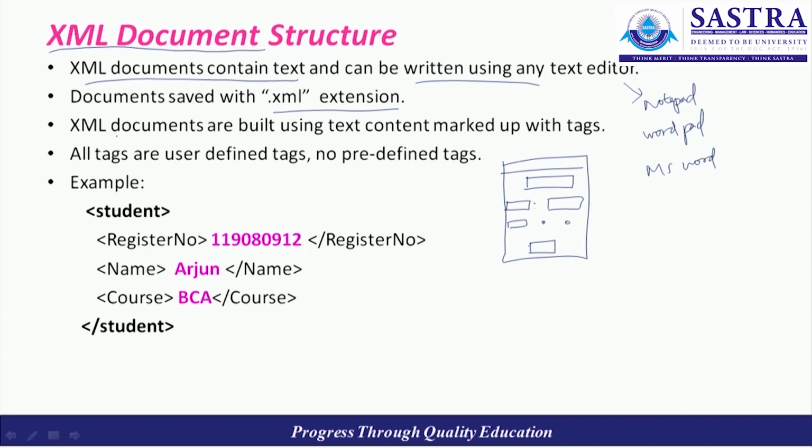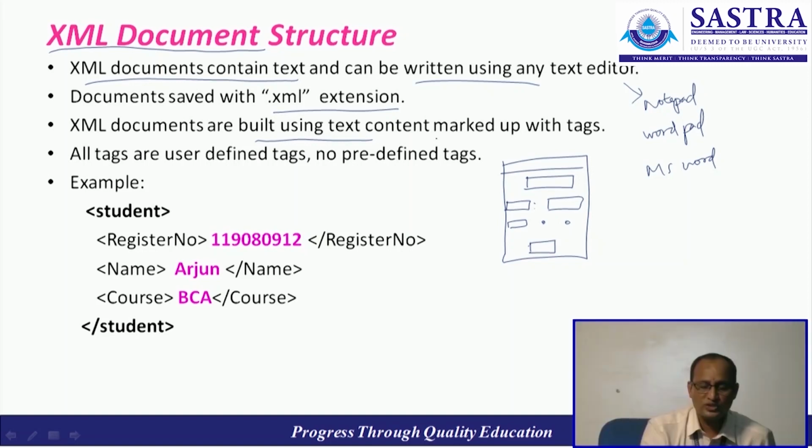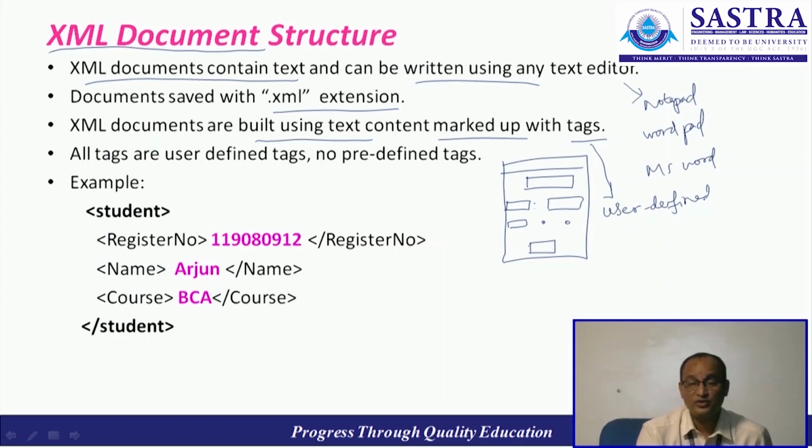XML documents are built using text content which is marked up with the help of tags. The tags are not predefined. Remember this, it is not predefined tags, it is only user defined tags. So we have full freedom for making our own XML element tags, but we have some naming rules that we have to follow while making an XML document.